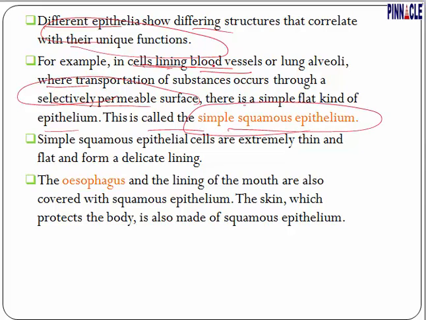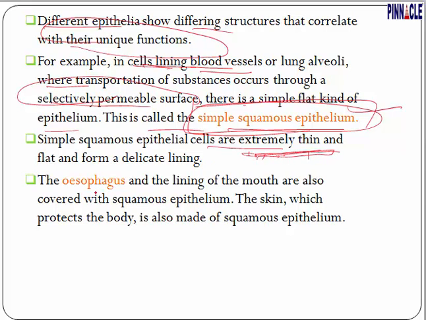In the lining of the blood vessels and the lung alveoli, there is a selectively permeable surface, and that is made up of simple squamous epithelium. Simple squamous epithelium cells are extremely thin and flat and form a delicate lining. We require a delicate lining like this.